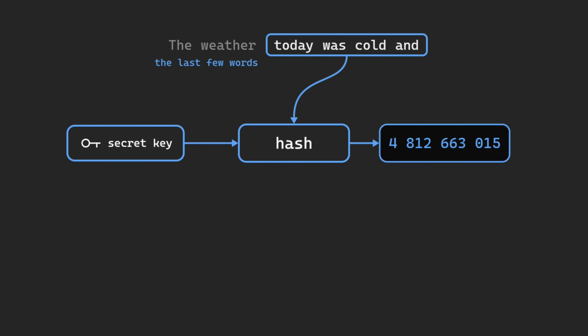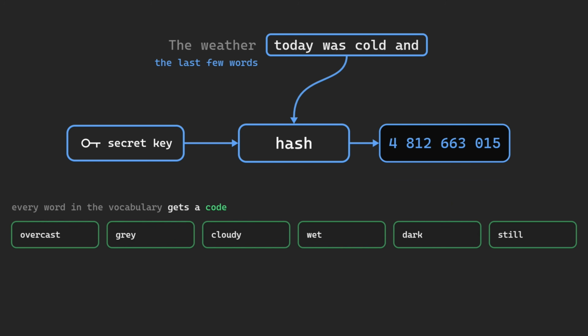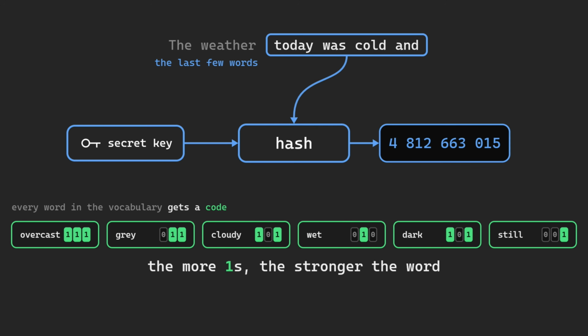That number is a seed for randomly handing a small code, just zeros and ones, to every word in the vocabulary. Random, but repeatable. The same seed always deals every word the same code. And it is worth thinking of that code as a power score for a tournament we are about to run, where the more ones a word has, the stronger it is.